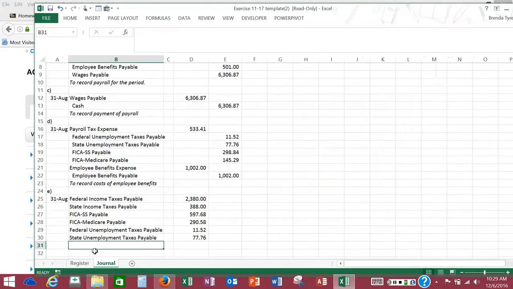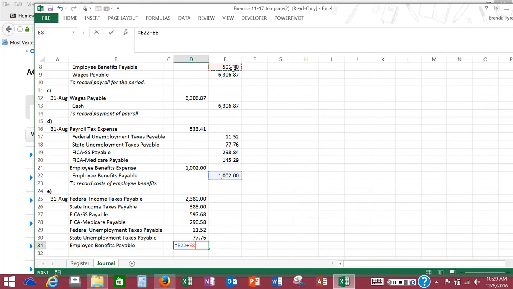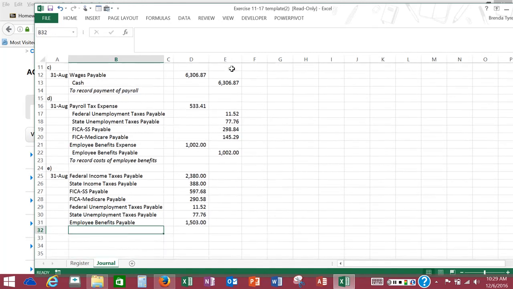So we go back to our journal and we're going to pay the employee benefits as well. And we can add those two numbers together also. So it'll be the 1,002 plus the 501. And there are your payments of your liabilities. Now we're going to pay those, so we're going to credit cash, right?